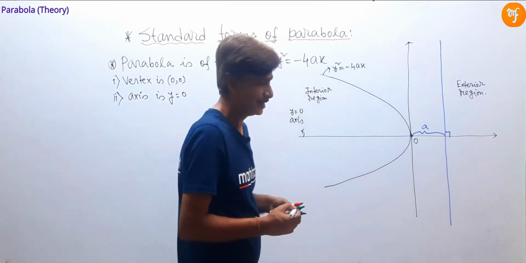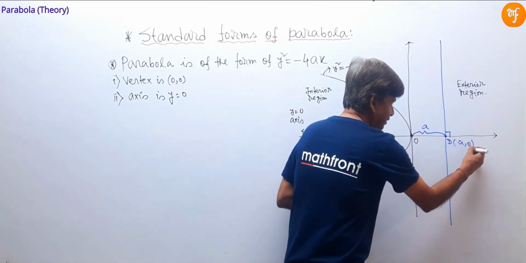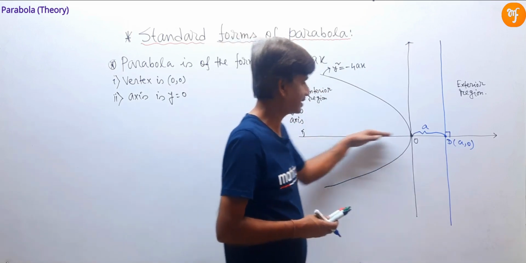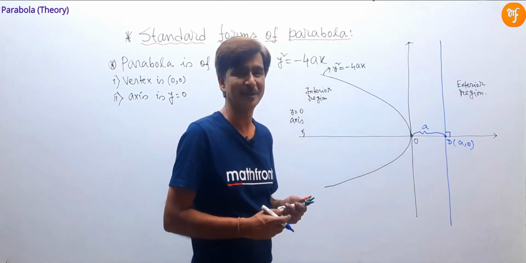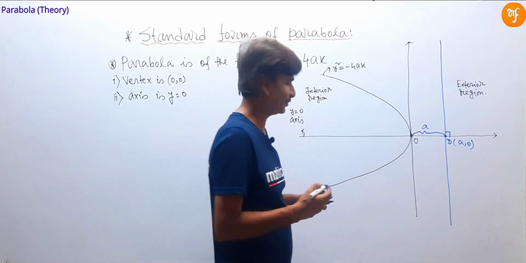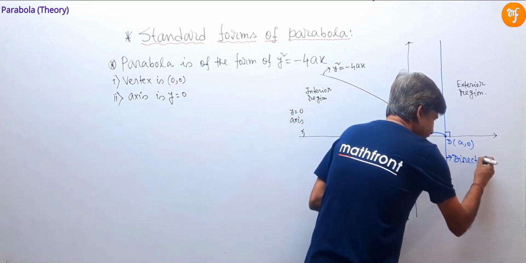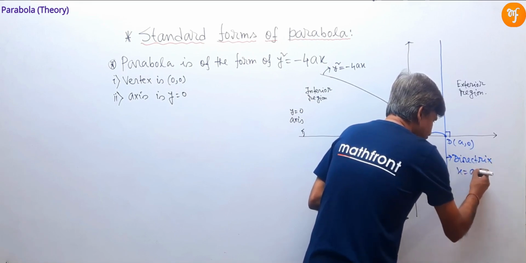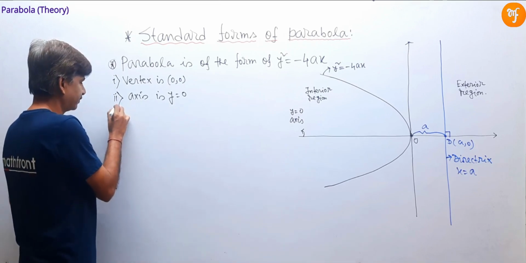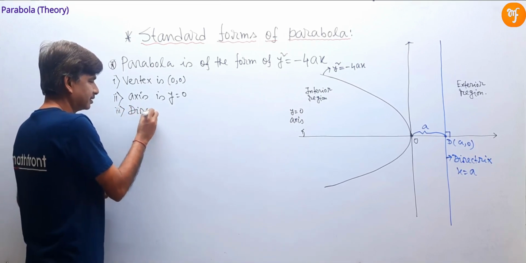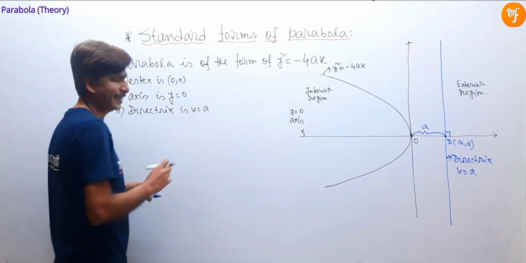Clear? So what is this point? This point has coordinate a comma 0. That is the intersection of axis and directrix. So what is the equation of the directrix? It should be x is equal to a. So please write directrix is x is equal to a.